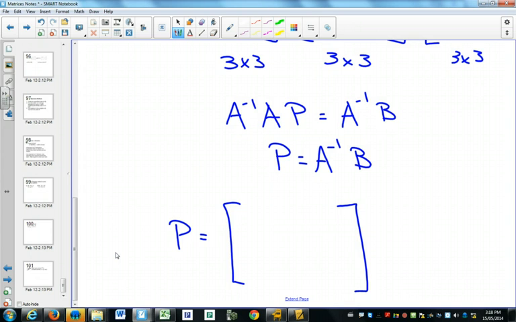To find the value of P, we need to put the inverse on both sides of the equation. So, as soon as we multiply the inverse to the first part of the equation, we need to add the same inverse to the second part.